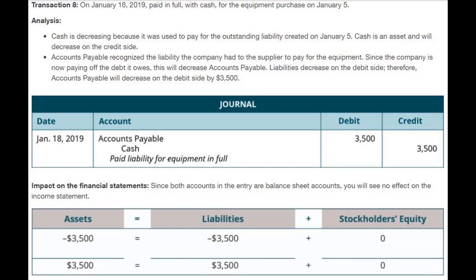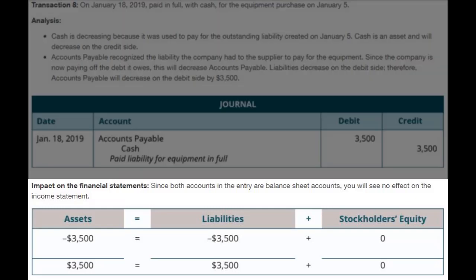However, when we took possession of the equipment, we told the equipment store, "We'll pay you later." And so, when that previously happened, we incurred a liability. It is now time to pay the store, to pay off that liability. And so how do we do that? Well, in transaction 8, we're spending $3,500 of cash. That's an asset.